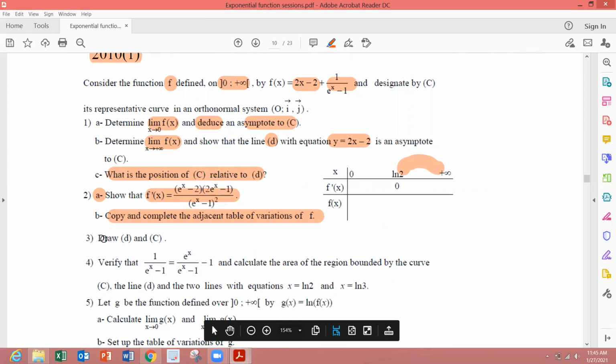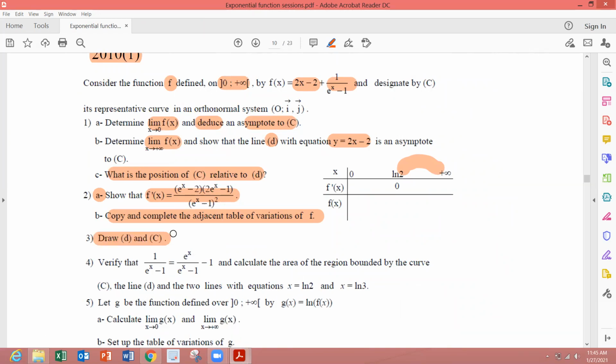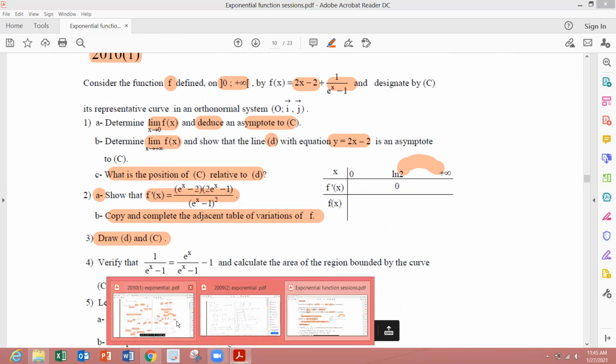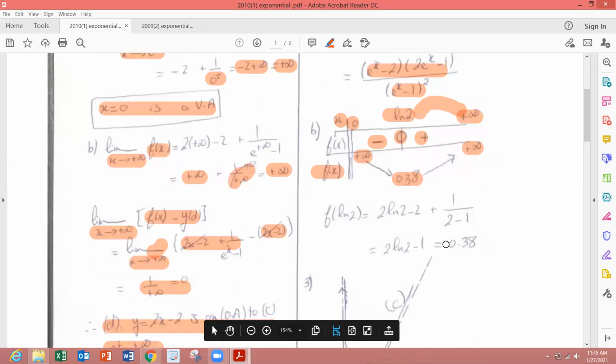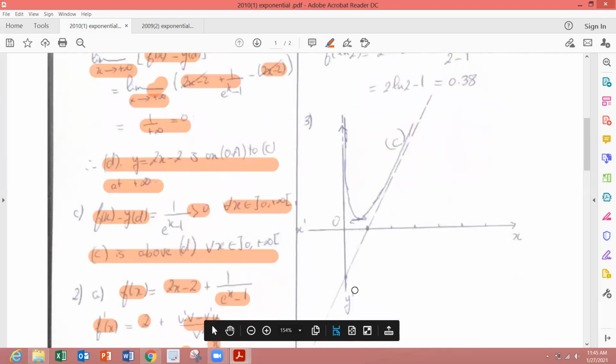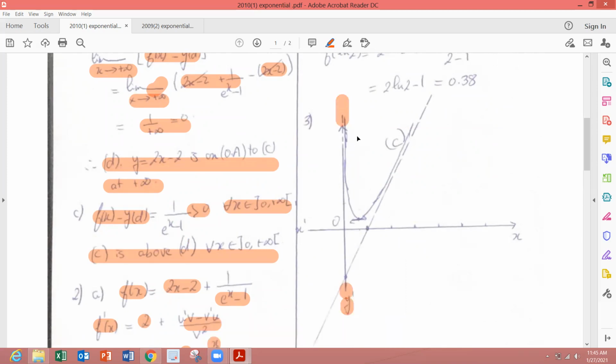Draw D and C. Now we have x equals 0 is a vertical asymptote. This is x equal to 0, the y-axis.